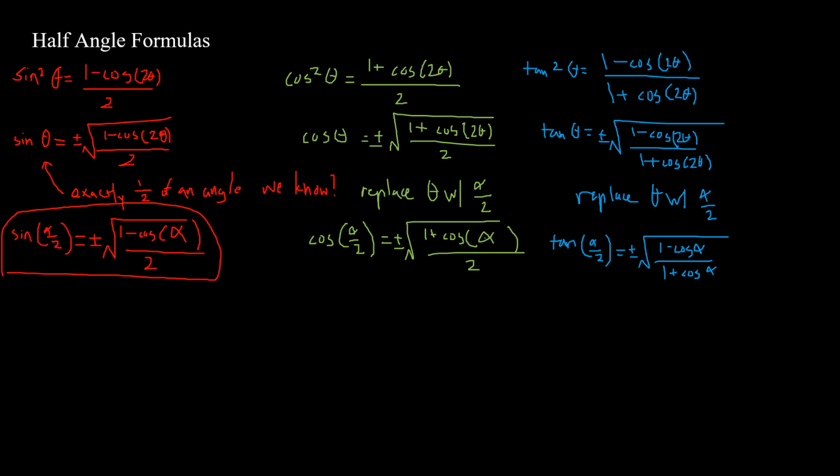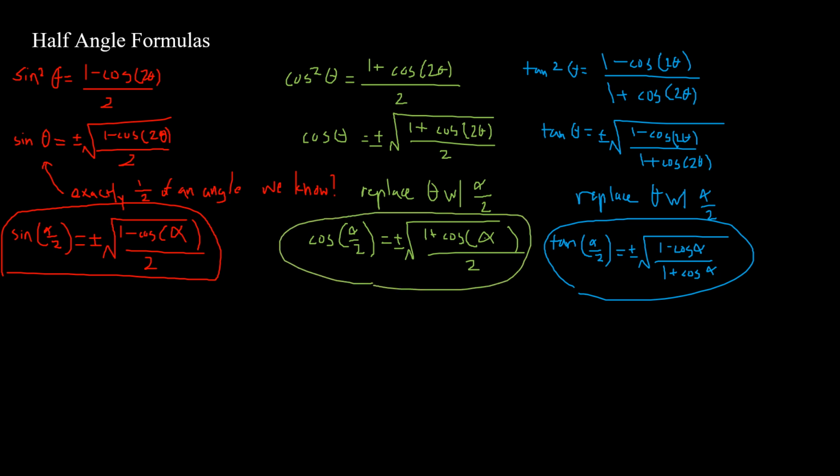And there aren't any alpha over 2's because we have the 2 here, and that's just going to cancel with the 2 in the denominator of alpha over 2. So that's why we just have an alpha. And that is going to be the tangent formula for half angles.